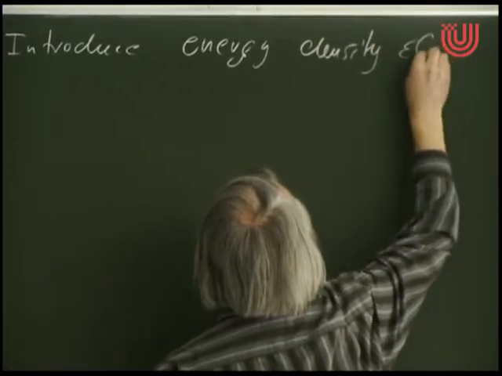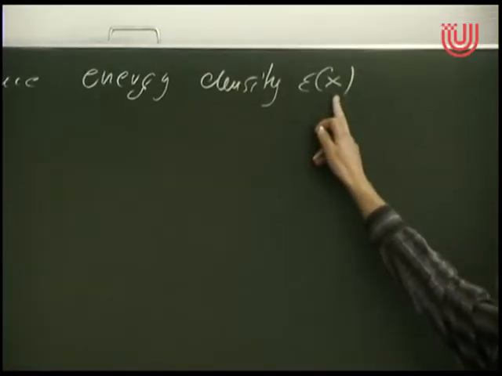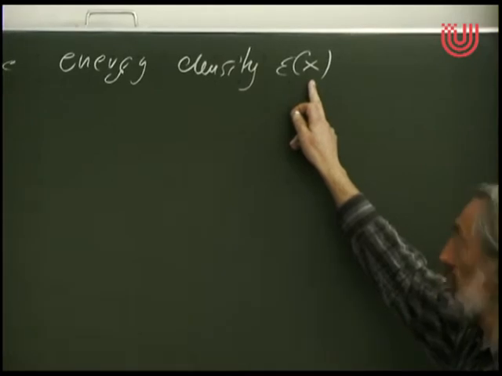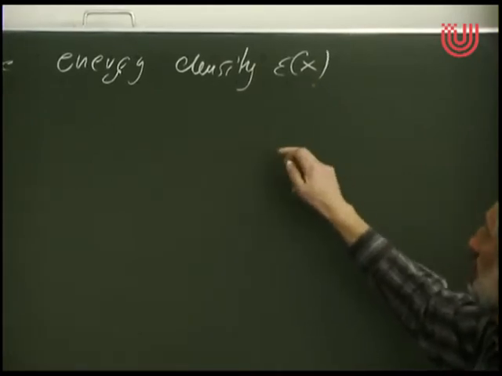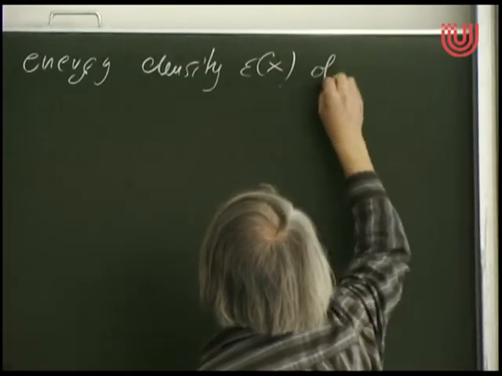I will denote it by epsilon of x. Obviously, it will depend on the space-time point, right? So at a particular time and at a particular space point, I will have a certain energy density, and at other points, I will have other energy densities of the fluid.